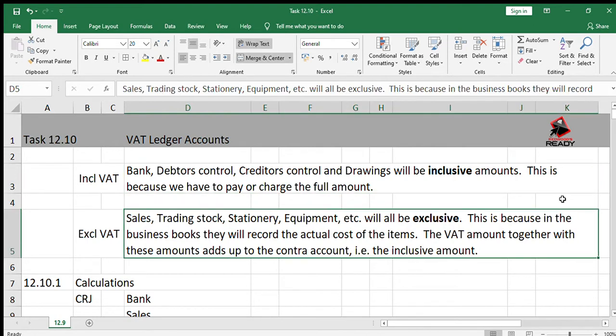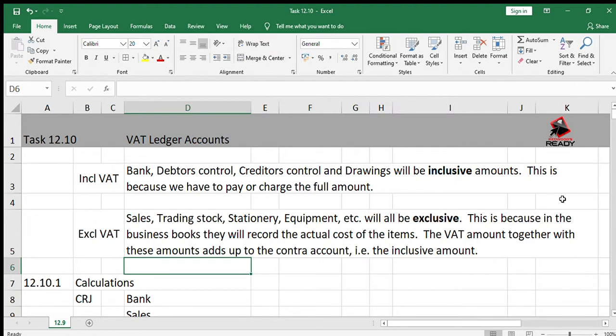Now the figures that exclude VAT are basically all your income statement figures. So sales must always exclude VAT, and trading stock must always exclude VAT because trading stock is recorded at cost price. And if you take the VAT amount together with these amounts, it adds up to the inclusive amount, right? So you can just keep this as a note so that you keep that in mind.